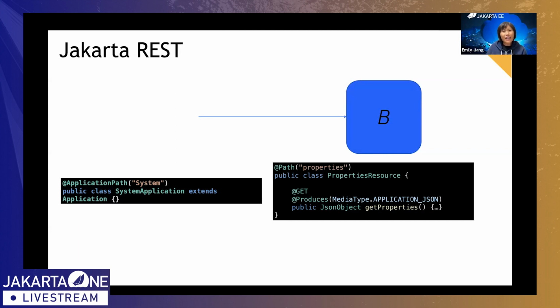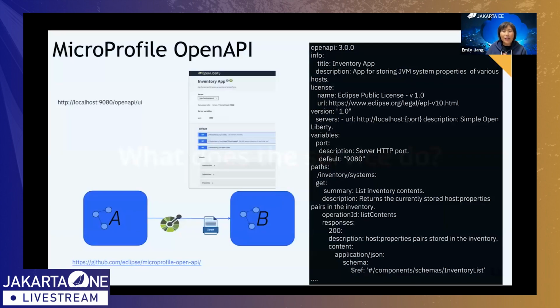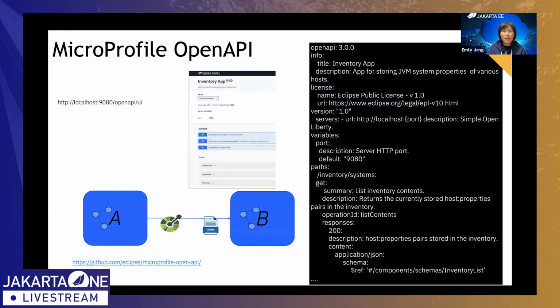And then when you have microservices, you want to know what this service does. In MicroProfile, we have MicroProfile Open API. It documents what this endpoint is, and also tells you what this service does. If you know Swagger, you pretty much know MicroProfile Open API already.